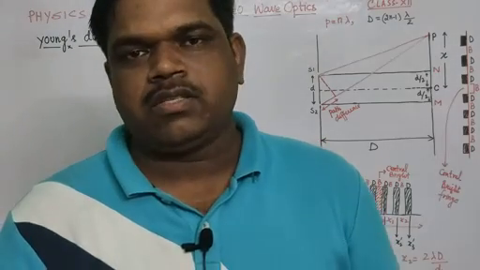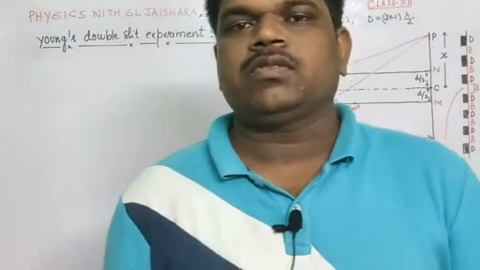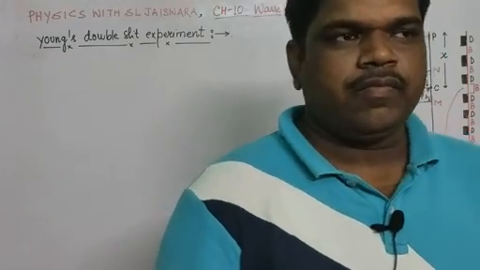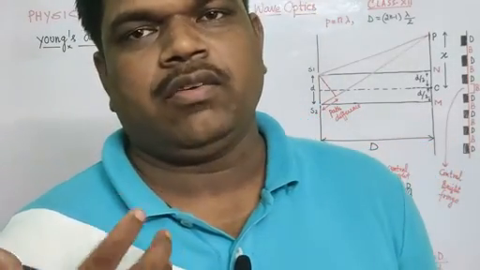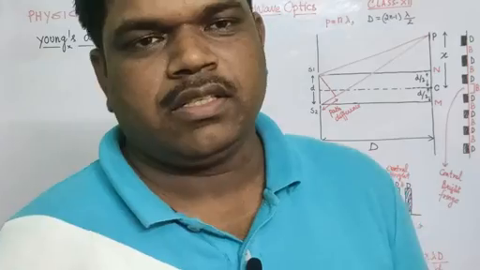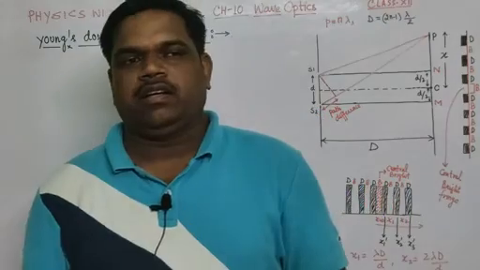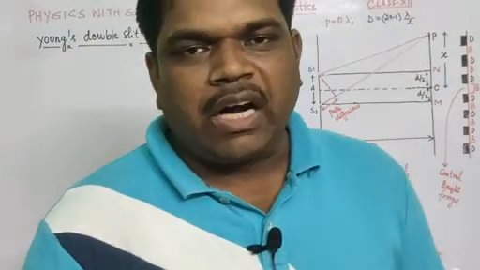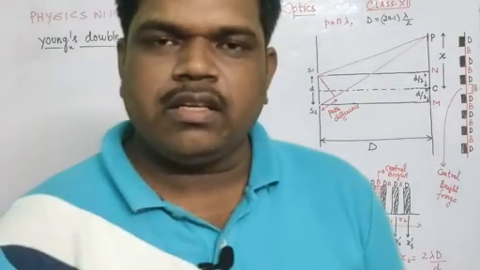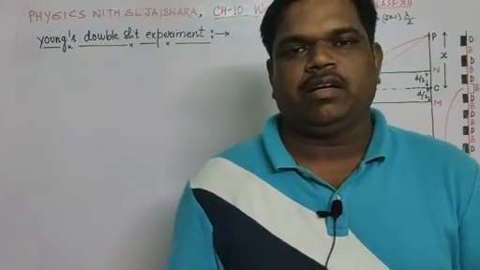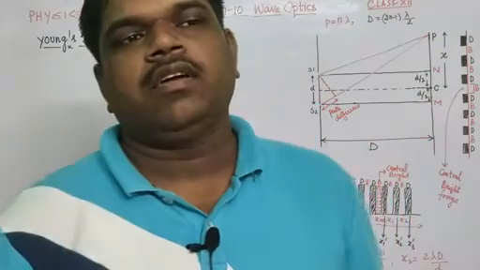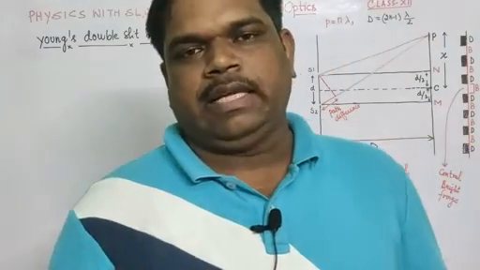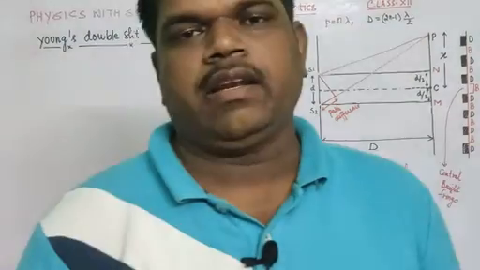As you all know, when there is constructive interference, the spot, that is the fringe that we get, is bright. In case of bright fringes the path difference must be an integral multiple of lambda, maybe 1 lambda, 2 lambda, 3 lambda, 4 lambda. In general form we can say that it will be n lambda.